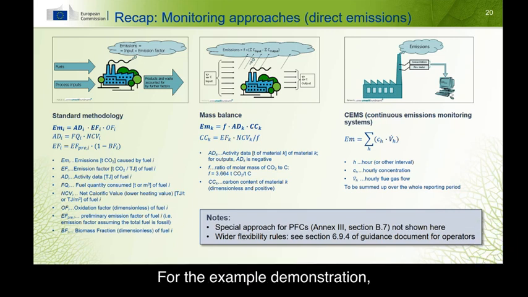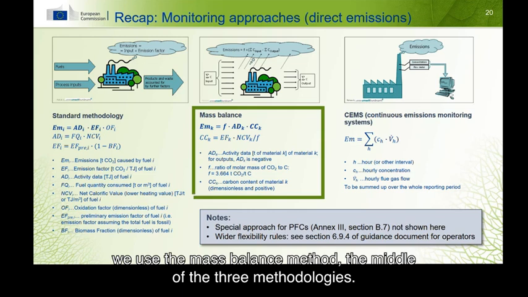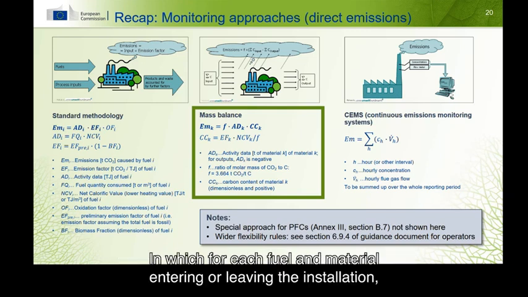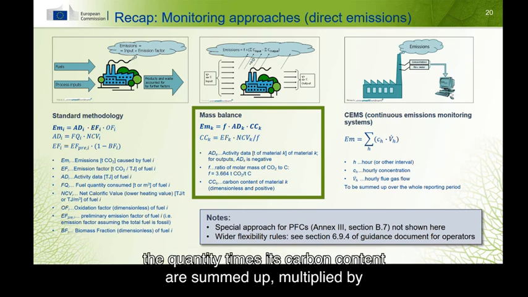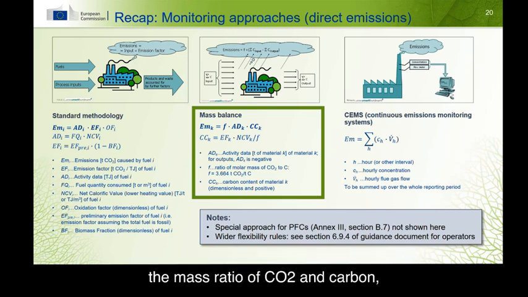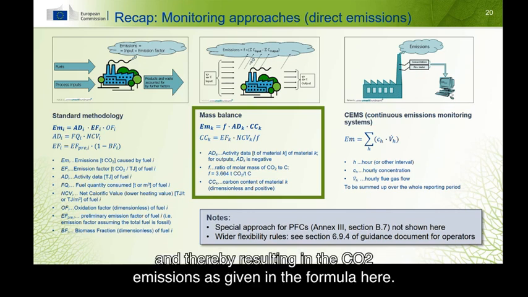For the example demonstration, we use the mass balance method, the middle of the three methodologies, in which for each fuel and material entering or leaving the installation, the quantity times its carbon content are summed up, multiplied by the mass ratio of CO2 and carbon, and thereby resulting in the CO2 emissions as given in the formula here.